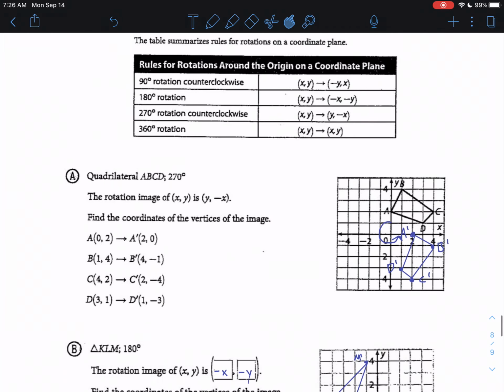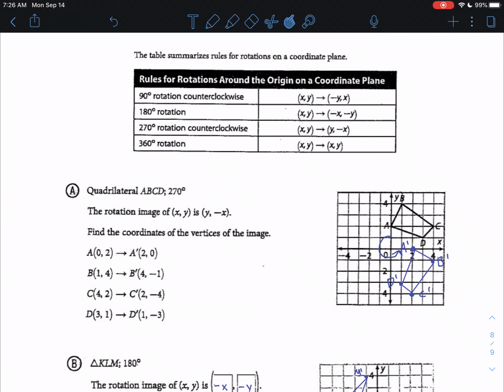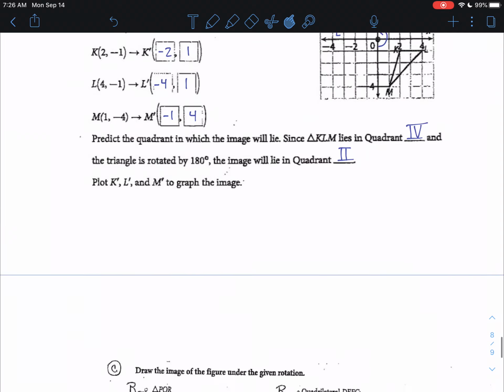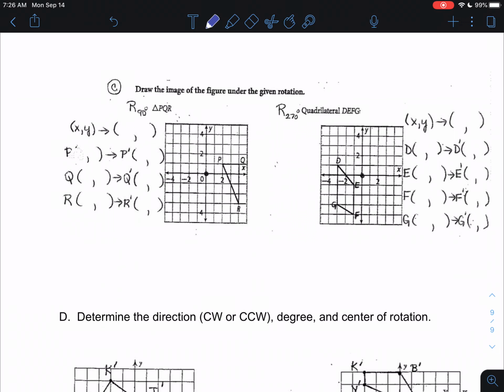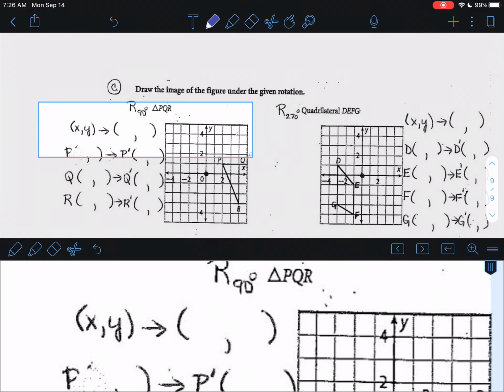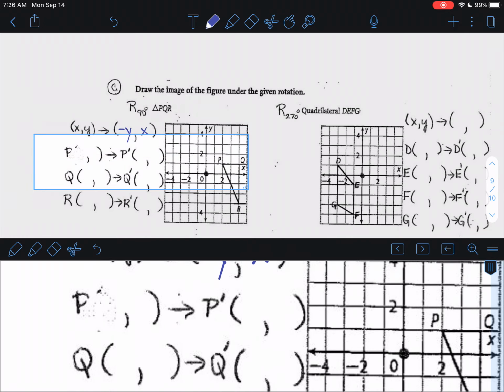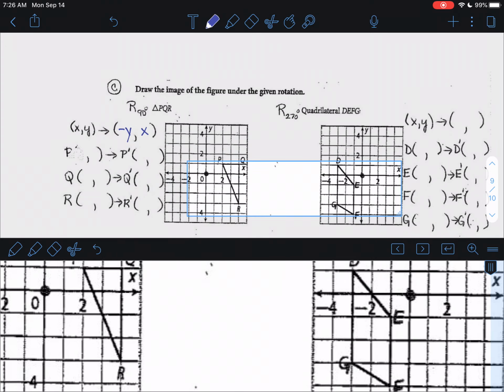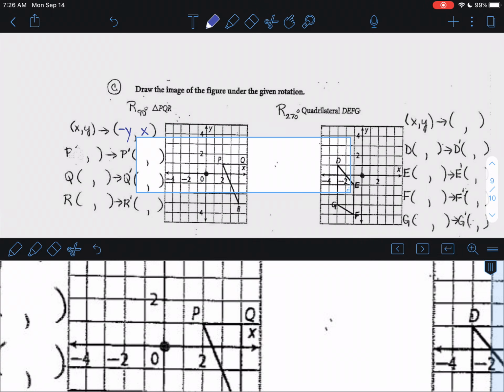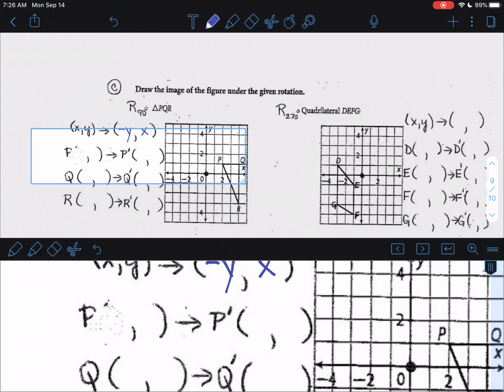According to my little cheat sheet, for a 90-degree rotation, (x, y) turns into (negative y, x). So I'm going to fill that in. P is already at the point (2, 1).